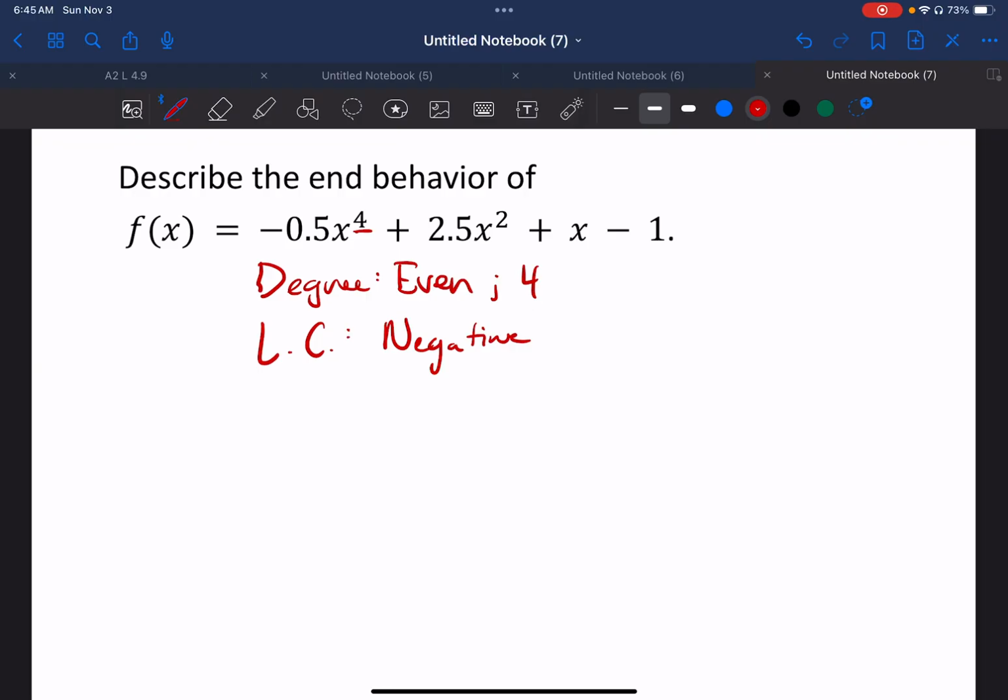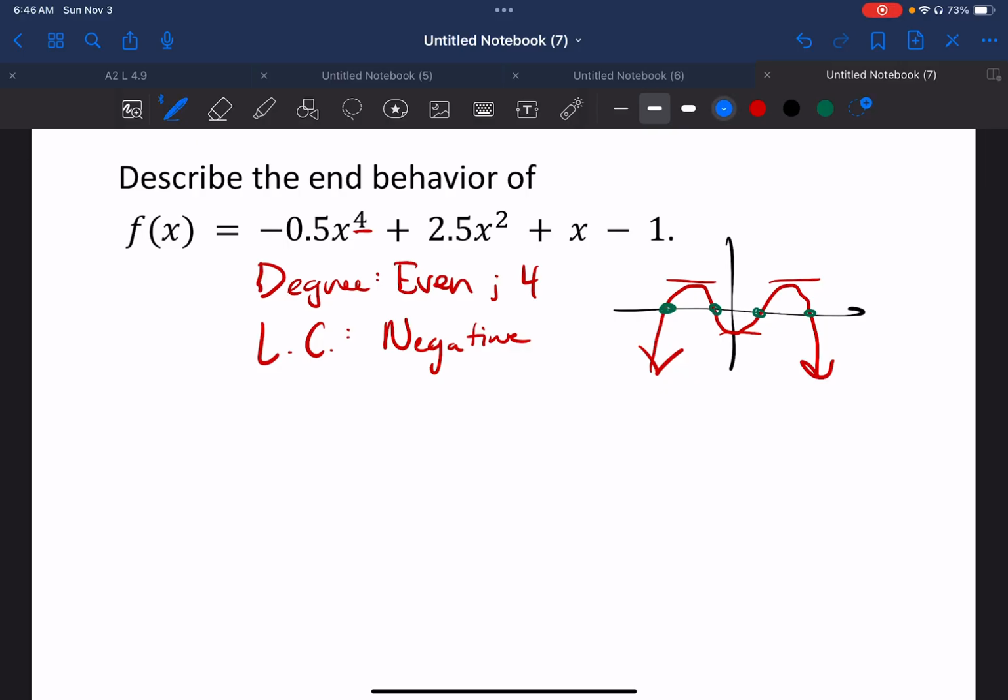I don't need to draw the actual graph, but I'm just going to draw a general graph because I know what this is going to look like. Okay, it's opening down, it has a degree of 4, so I know it's going to be something like this. I've got 3 curves, 4 zeros, so I know it's going to look something like this.